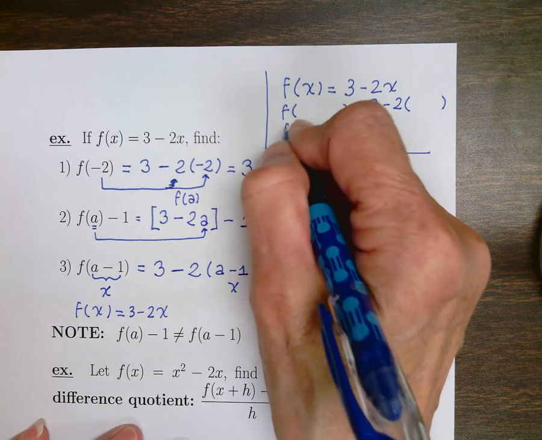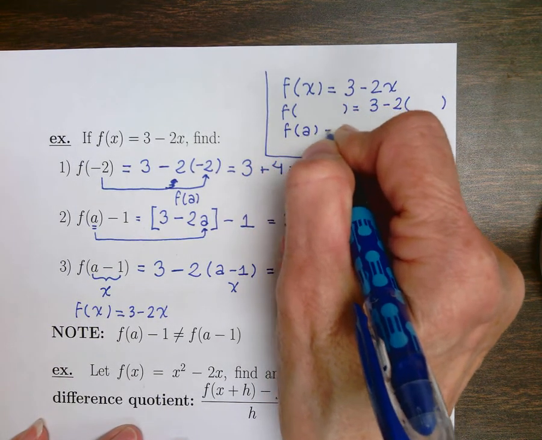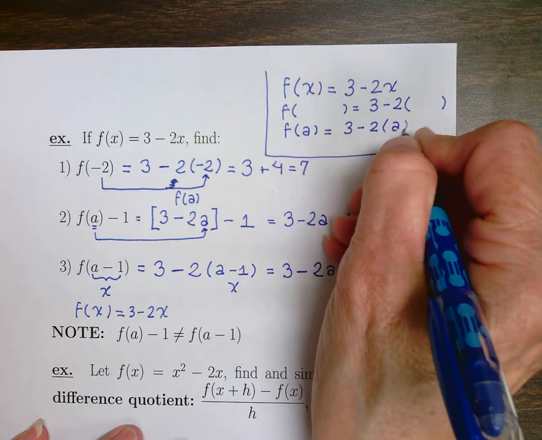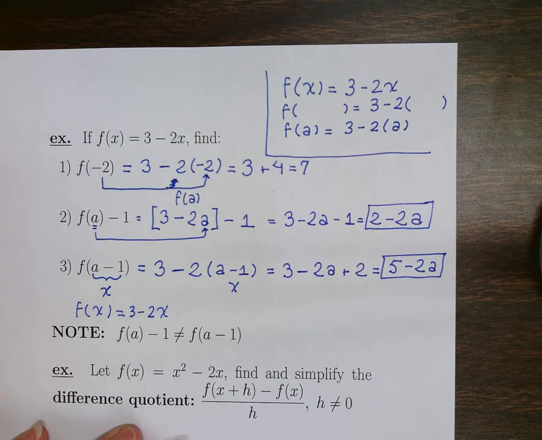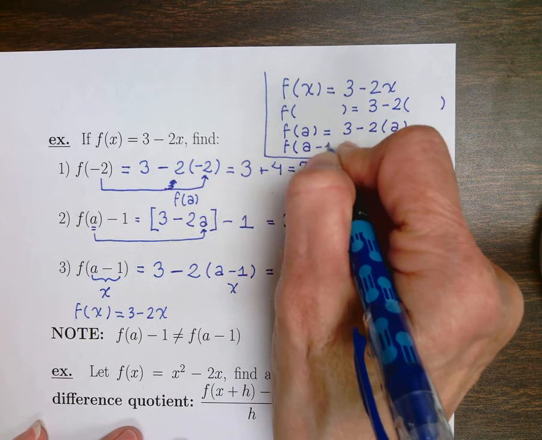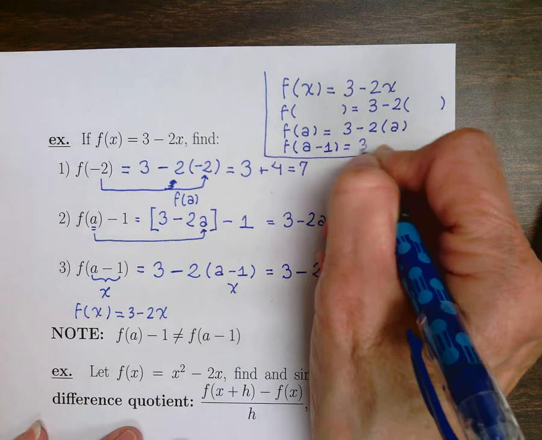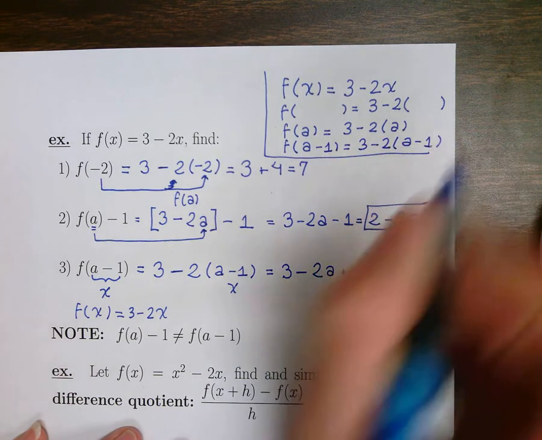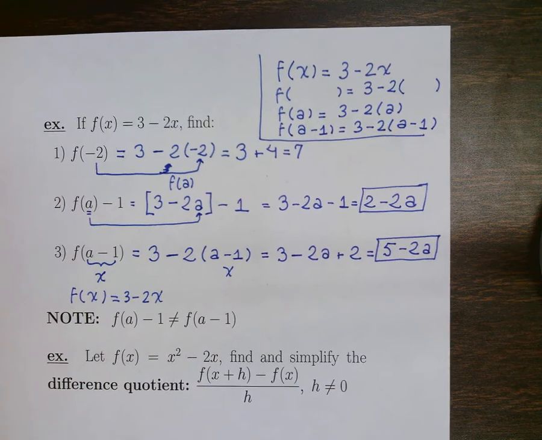So f of a is just 3 minus 2, filling in that blank with a. F of the quantity a minus 1 replaces that blank with a minus 1. It fills it in with the argument.